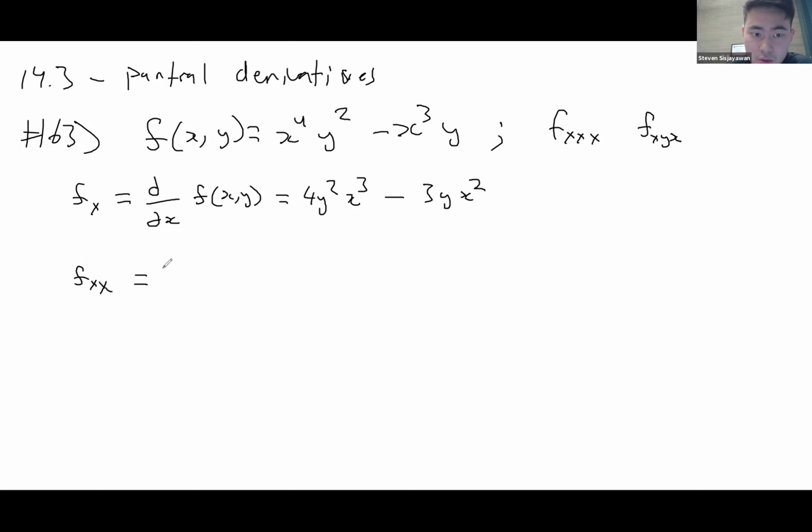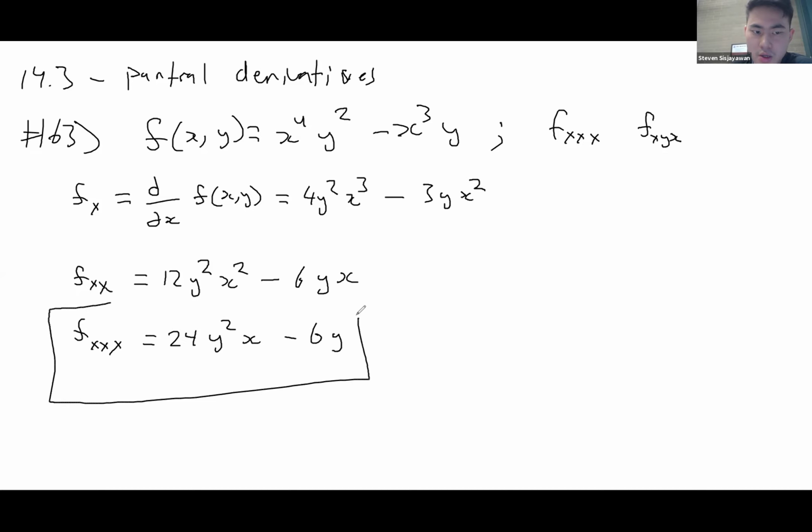That would be 12y squared x squared minus 6yx. And then lastly, taking the third partial derivative in terms of x, we get 24y squared x minus 6y. All right, so this is the third partial derivative in terms of x.